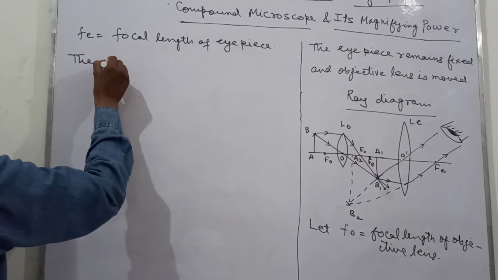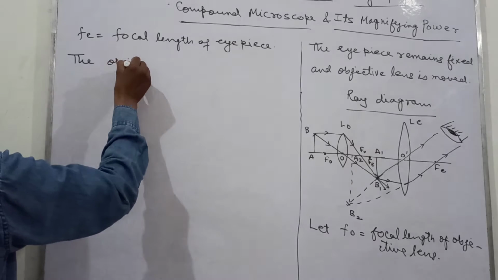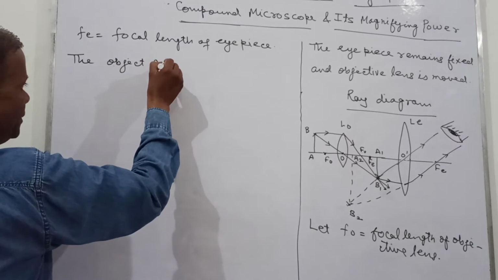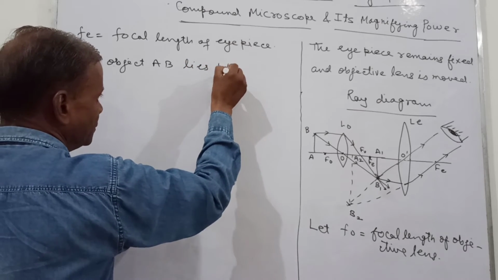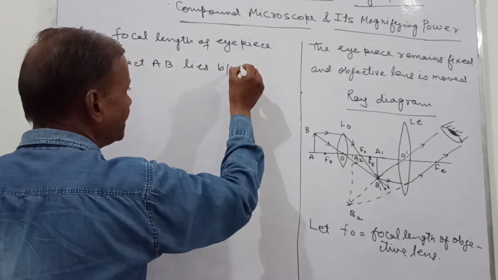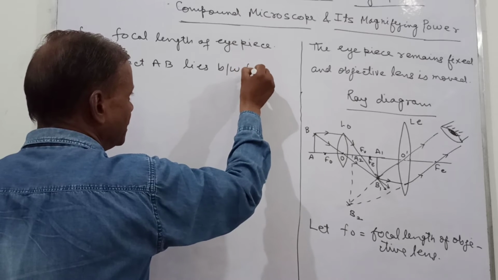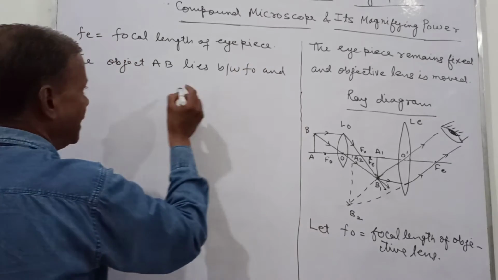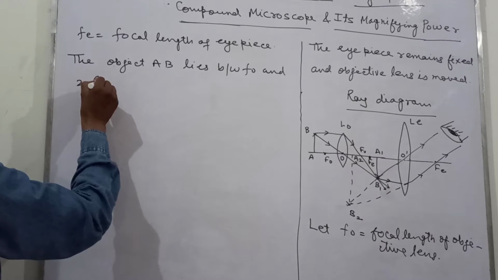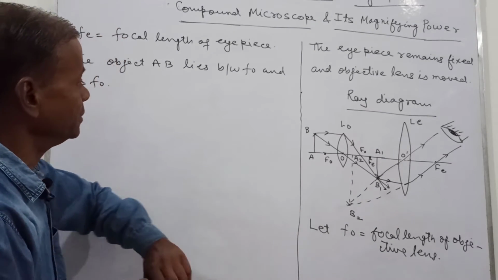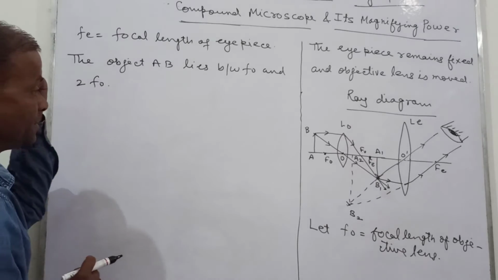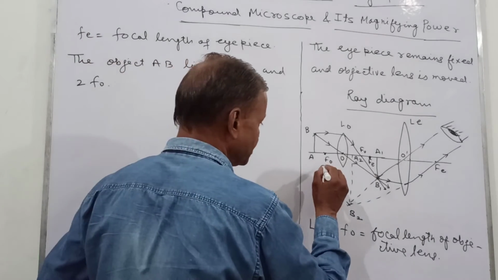The object AB lies between F naught and 2F naught. This is now F naught, but this is beyond this one. So now what we have is that this distance is, suppose, U naught.